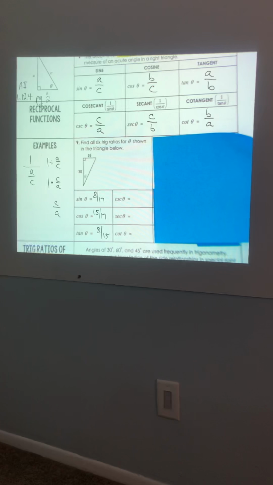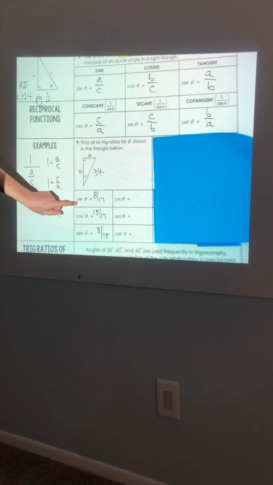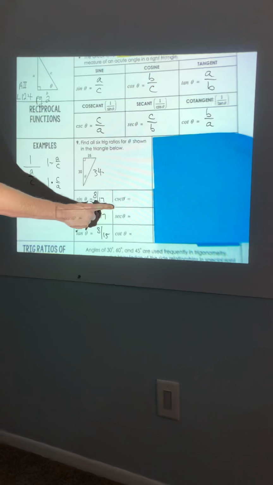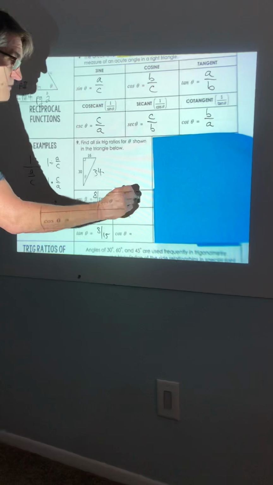Okay, so you got 3 new words: cosecant, secant, cotangent. Let's go to the other example we did on the last lesson. Number 9, remember we had to do the Pythagorean Theorem, and we found this missing side was 34. And we only did those 3 ratios. Well, I've got sine of theta is 8 over 17. I want the cosecant, so I'm just going to flip it: 17 over 8.